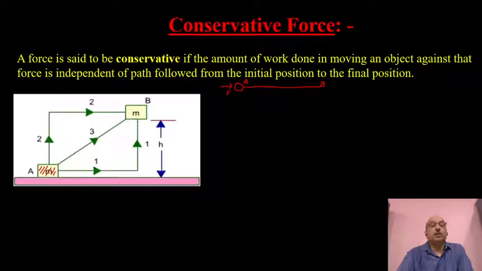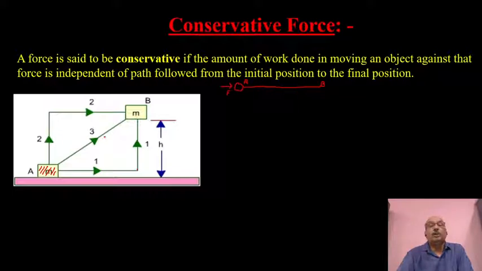The first path is, first we travel horizontally, then vertically, and reach point B. Second is, first we go vertically, then horizontally, and reach point B. And the third possibility is when the object starts from A and reaches point B by path 3.